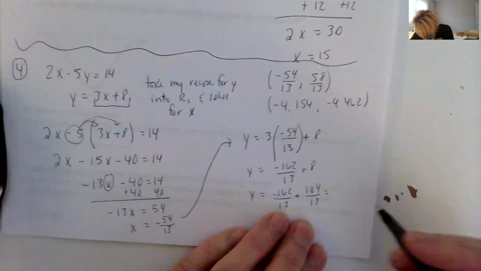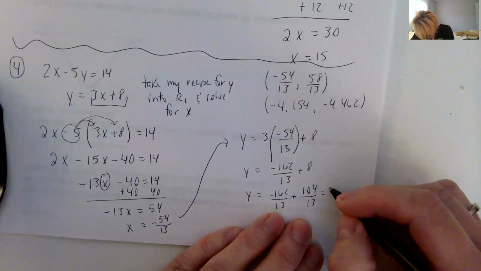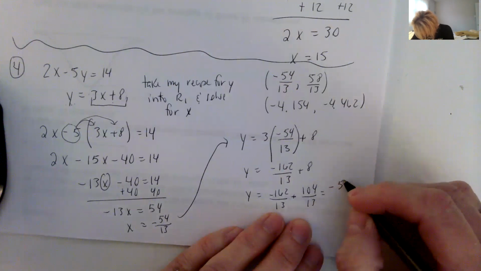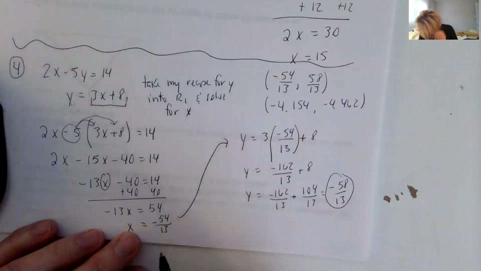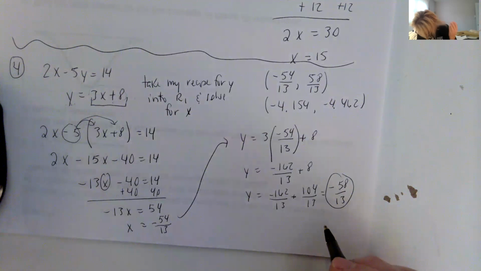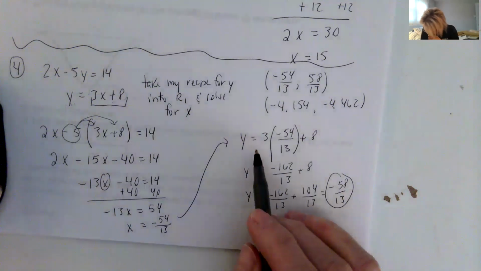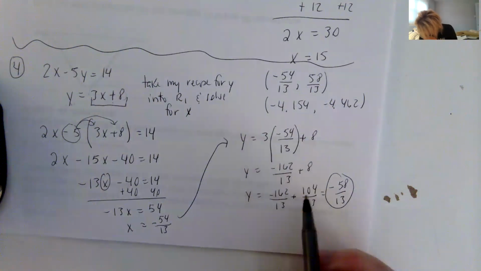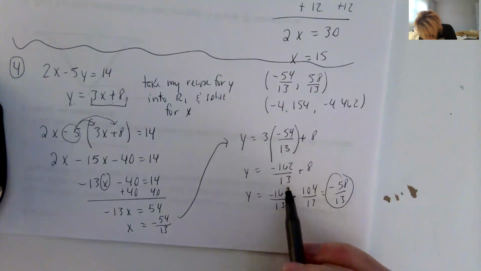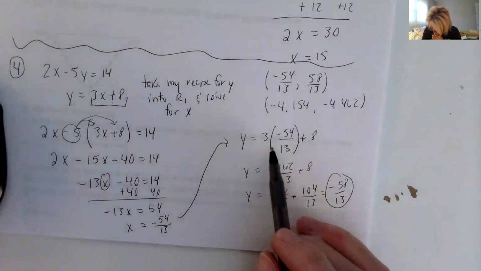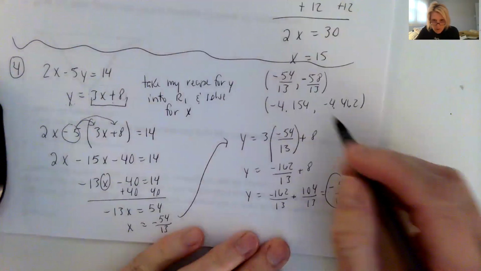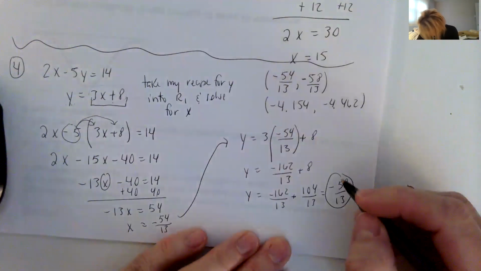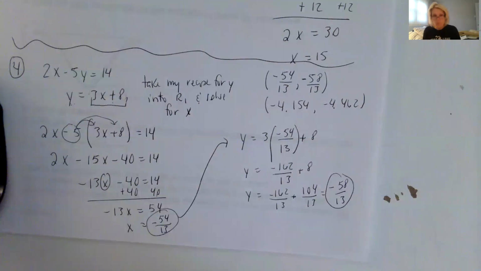So this comes out to be a -58 over 13, which is what we have. Oh, that should be a negative. Equals, oh, my answer from Desmos should have been negative and negative. So yep, a negative and negative. We got it.